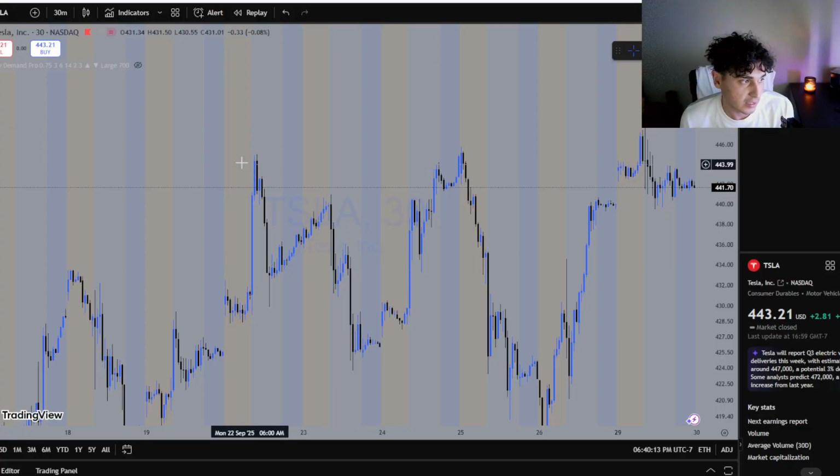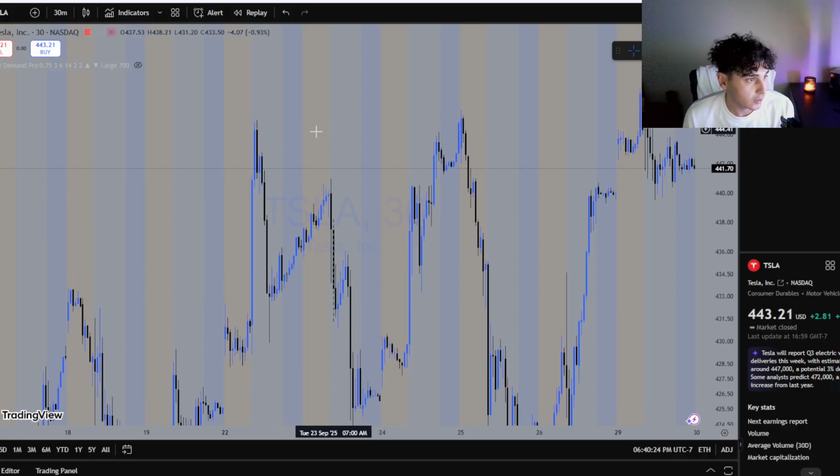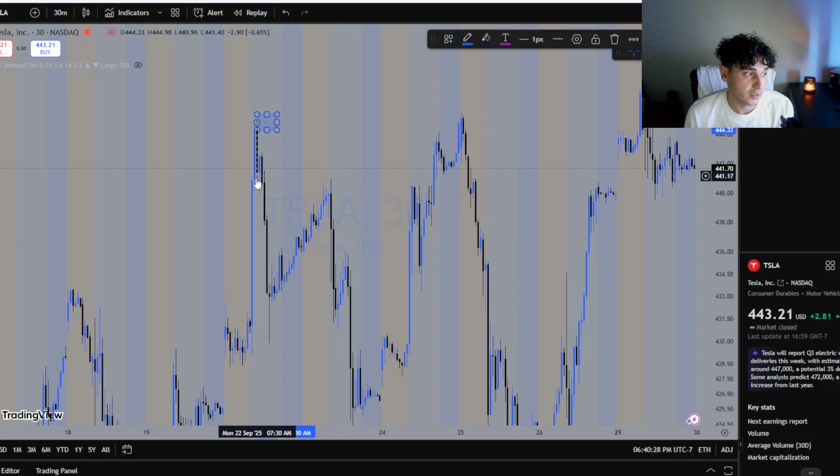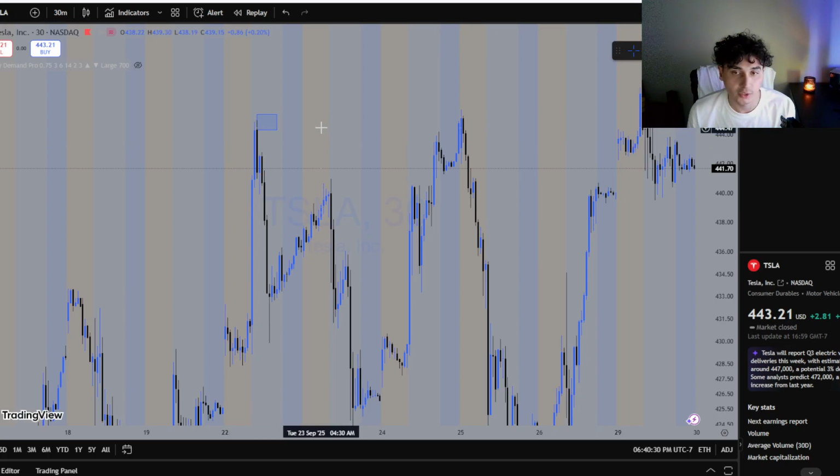So here we can see on the 30-minute time frame, we have a high being created, then led to an aggressive move to the downside, right? So if we were to mark this out, let's go ahead and mark out the top wick. So instead of marking out obviously the bottom wick, we don't want to do that because we only mark out the bottom wick for demand.